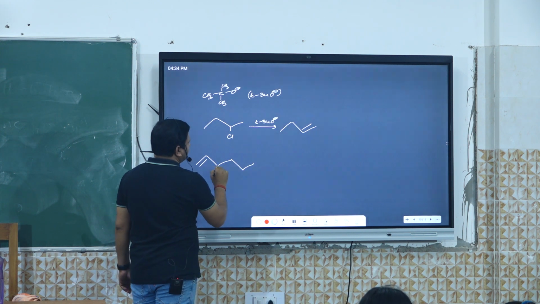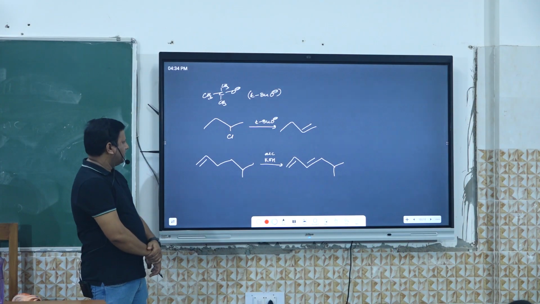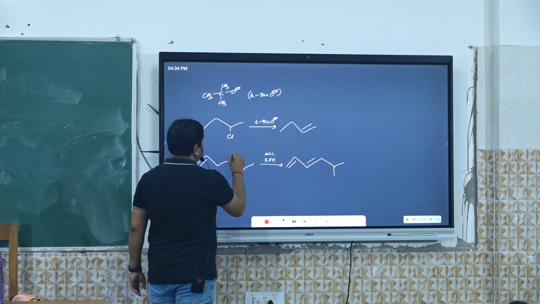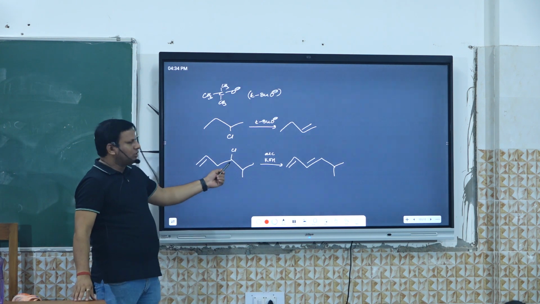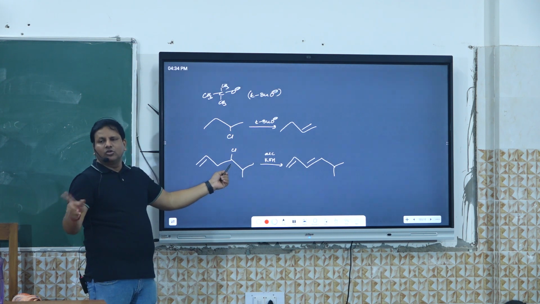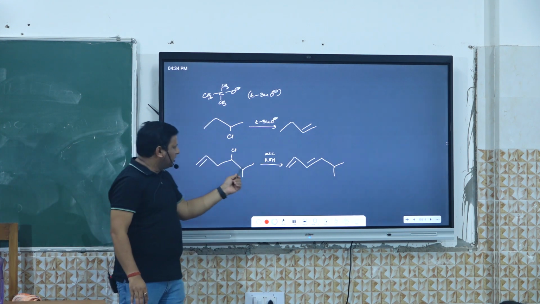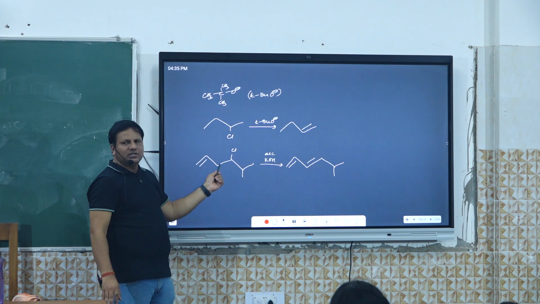And the last point: when there is a chance of a conjugated diene. See, this is the chlorine. The double bond may form on this side. The one with more alkyl groups around it is generally favored: in one case there is one alkyl group, but in the other, the double bond formed has 2 and 1, that is 3 alkyl groups.